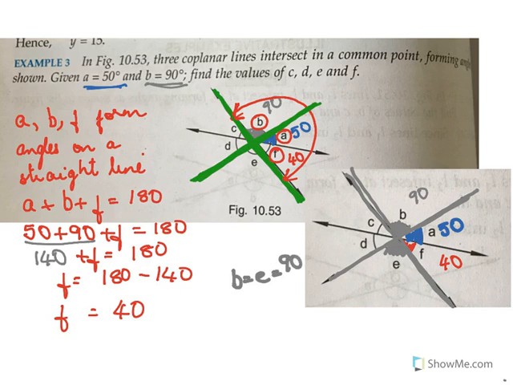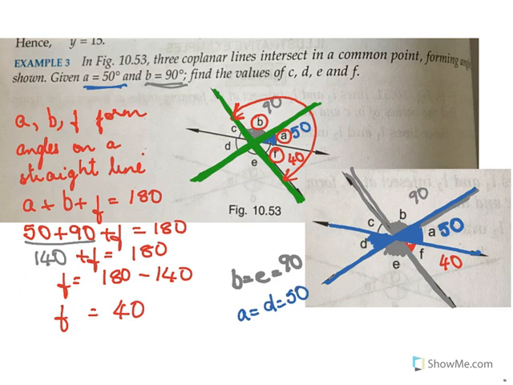Now let's see who's vertically opposite to A. So here is A. Vertically opposite to A, we can see, is D. So A equals D, which should be 50.